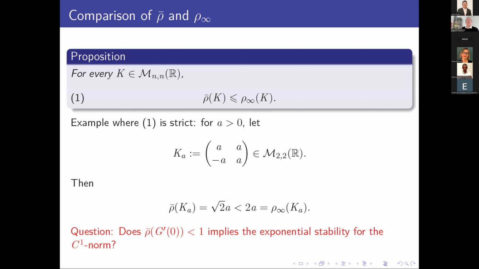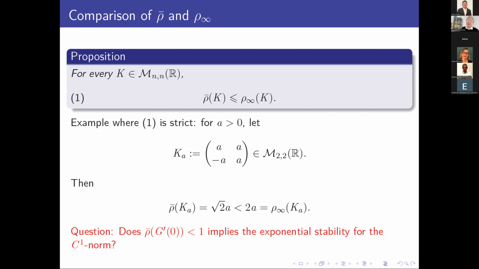And now, of course, we want to compare rho bar of k and rho infinity of k. You cannot expect to do better than the linear case. So you have rho bar of k, which is less or equal than rho infinity of k. But unfortunately, there are examples where this inequality is strict. That is, for example, if you consider this matrix Ka, which is defined on the slide, you can compute rho bar of Ka. This is square root of 2 times a, while rho infinity of Ka is 2 times a.